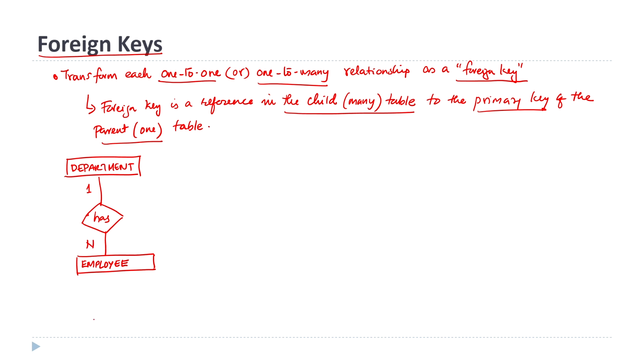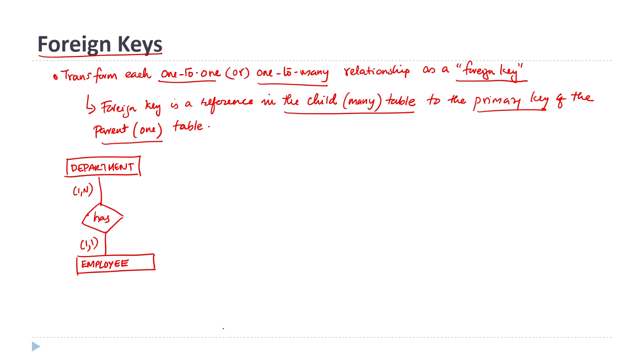Each employee will work for exactly one department, whereas one department will have multiple employees. If you want to draw the min max here, the employee works for a minimum of one department, maximum of one department. A department will have a minimum of one employee, maximum of n employees. That is another way to draw it.